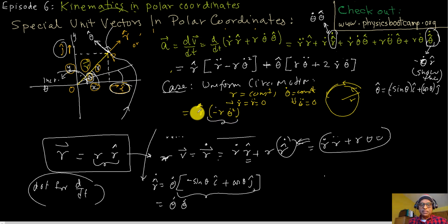So it shows you very nicely that this is the acceleration, with a minus sign in the r direction: minus r theta dot squared r hat. Sometimes theta dot is denoted by the letter omega, the angular velocity. So you have r omega squared, radius times this.